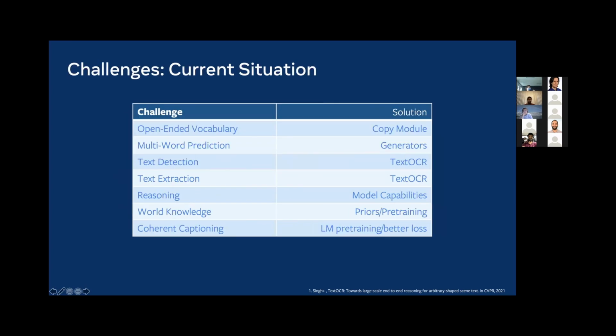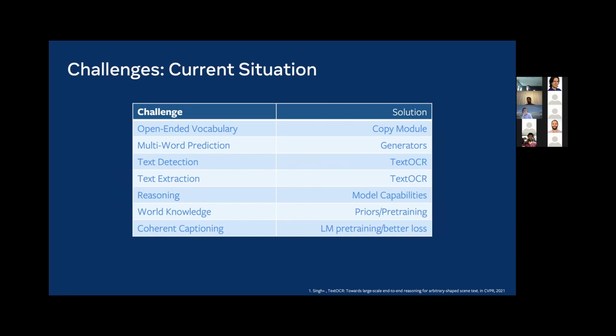So to wrap up, I would like to go through the challenges again, to tell the listeners how exactly they can target this problem in the future and what they need to focus on if they want to work on this particular domain of problems.